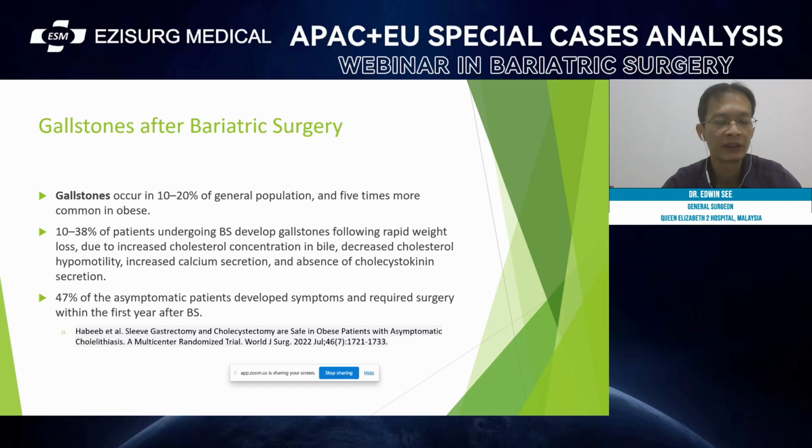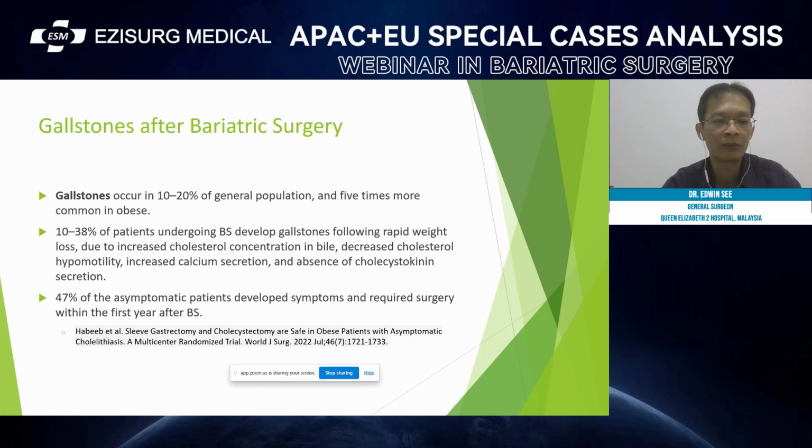The mechanism that explains why patients after bariatric surgery are at risk of developing gallstones includes an increase in biliary cholesterol concentration following the rapid weight loss, and this undissolved cholesterol is prone to crystallize into stones, especially in the presence of calcium and biliary mucin.